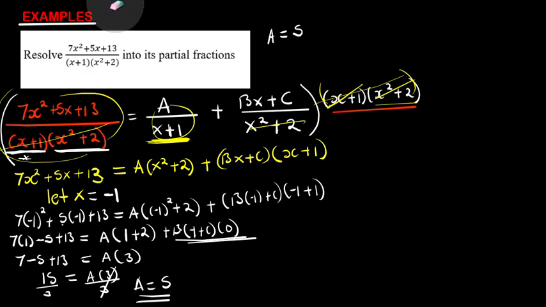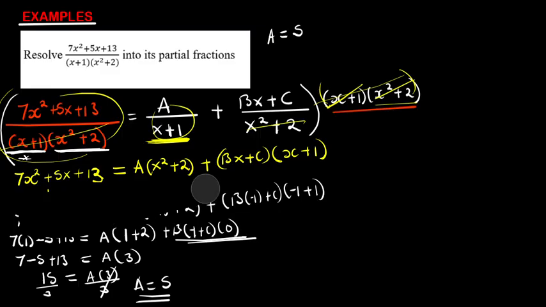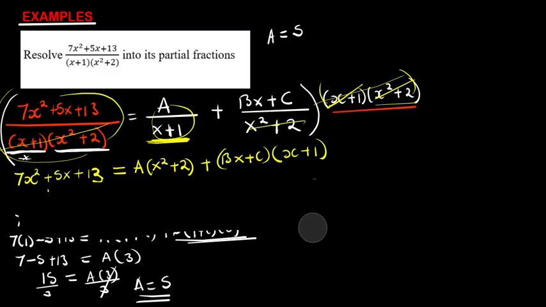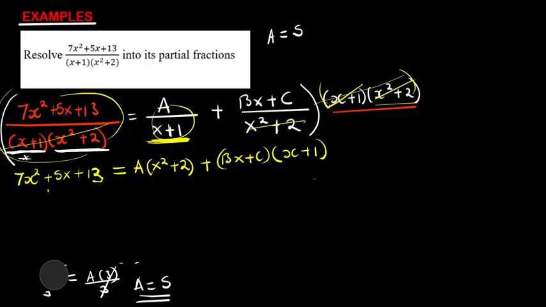Then after doing that, I'll go to the other question. I need to find the values now of b and c. So since you want to find the values of b and c, what do you do next?